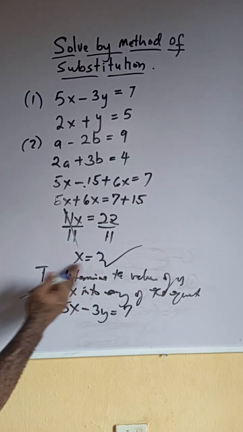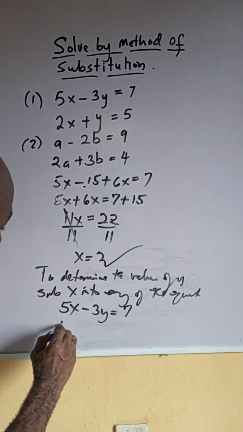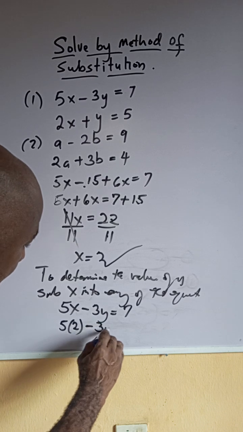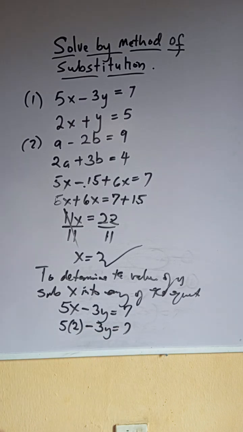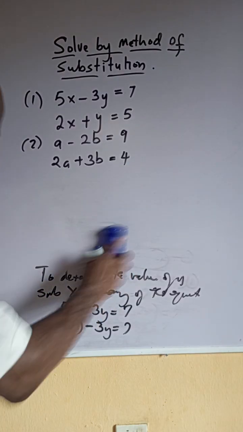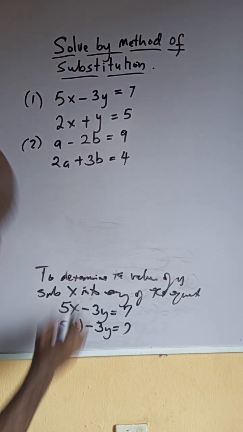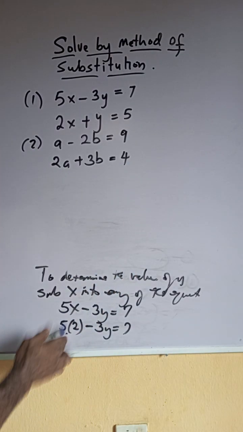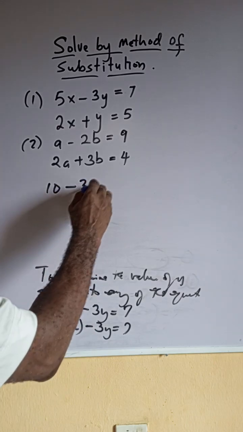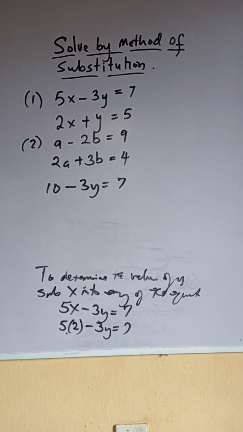Anywhere you see x, you replace it with 2. So 5 into 2 minus 3y is equal to 7. 5 multiplies 2 gives us 10, minus 3y is equal to 7.